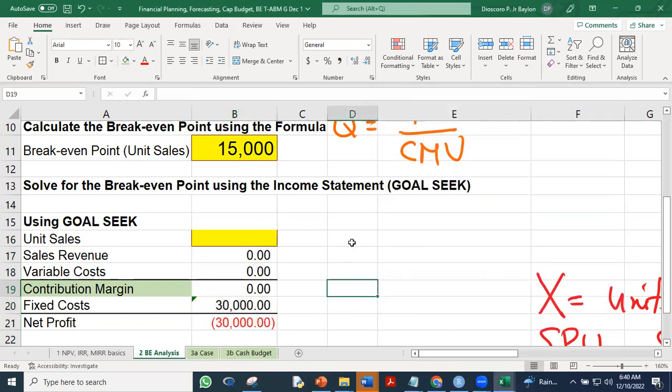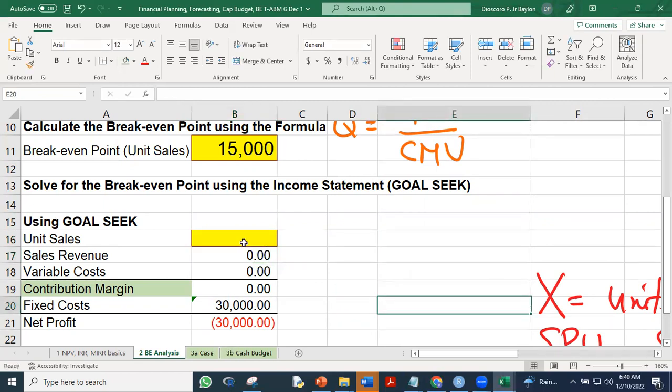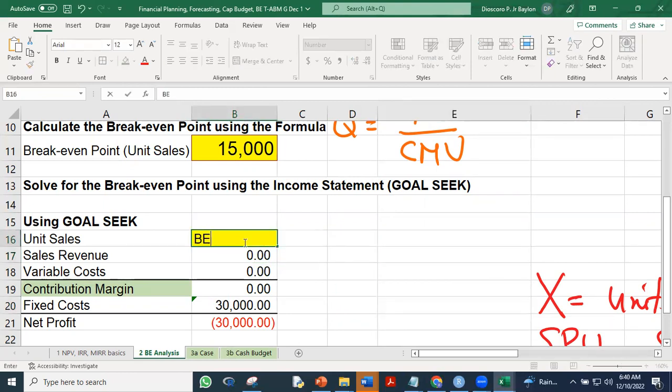Okay, so this is our sales revenue, and it's linked to the number of units. Let's call this BEP, break-even point, so that our formula becomes, if I replace B16 with this one, BEP times SPU. And this one, let me replace by BEP.